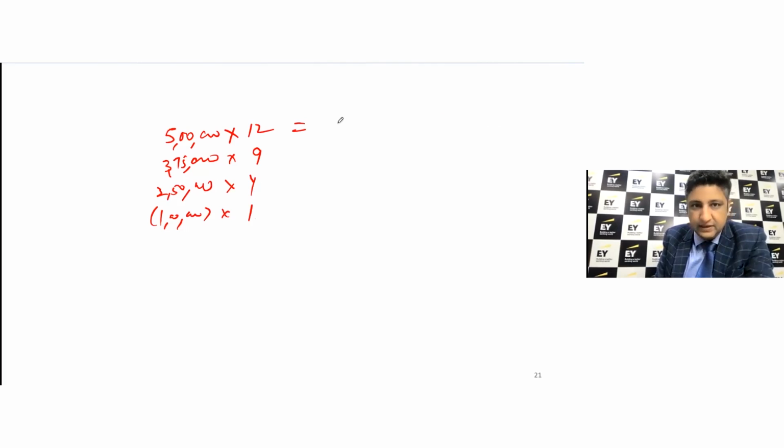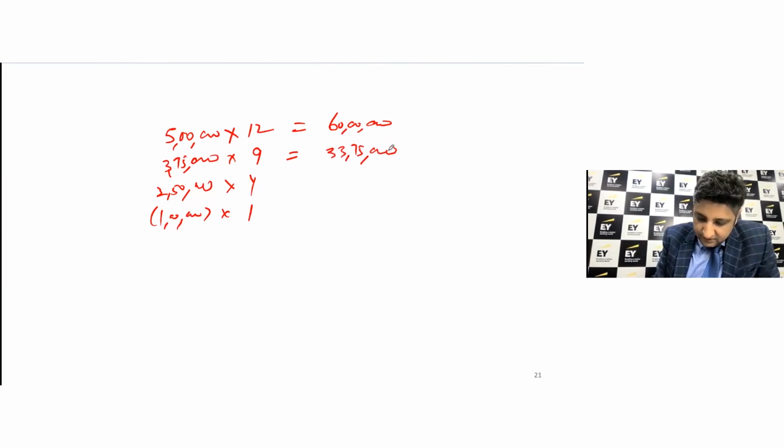Now, this would be a clear multiple here. This would be 60 lakh. Okay, 375 into 9 would be 33,75,000. This would be 10 lakh, and this is of course 1 lakh.